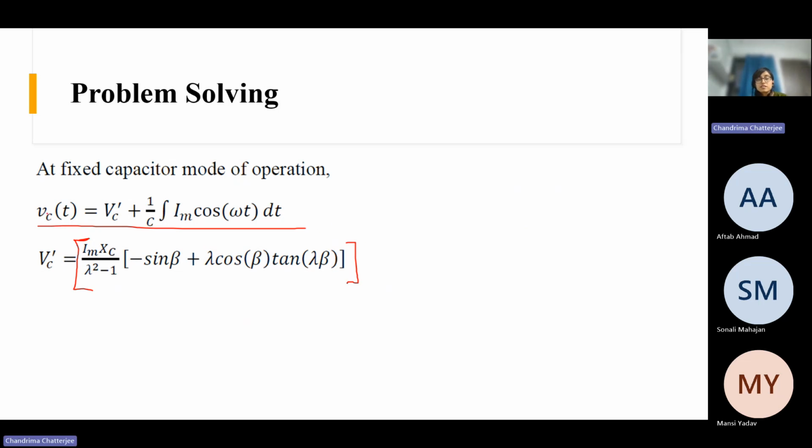Basically VC t is the voltage across the capacitor. You will get this by integrating the current, IC dt, and you will get the expression of VC.